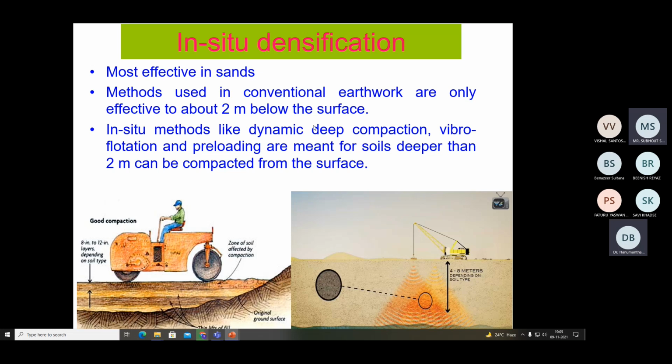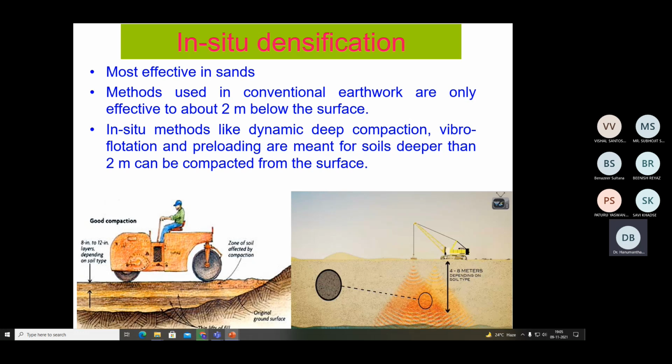That's okay. So what I was discussing is how do you define deep dynamic compaction? When I say compaction, we understood a bit about the conventional standard Proctor compaction, but that's not what we are discussing here. So, compaction by the dynamic process at deeper depths. Deep means I told you 4 to 8 meters or even greater depths. Dynamic means, even standard Proctor is a dynamic compaction.